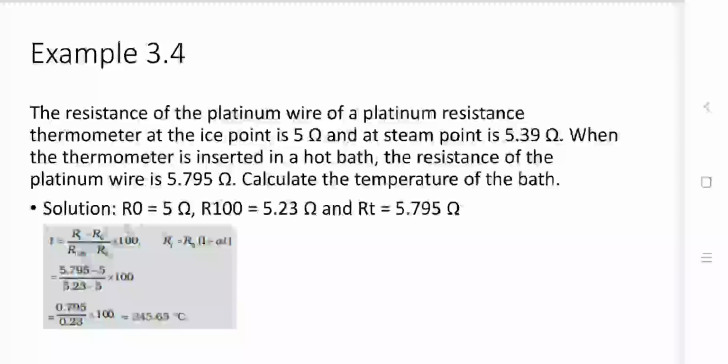So that is RT, which is 5.795, minus R0, which is 5, upon 5.23 minus 5, into 100. That ratio gives us 345.65 degrees Celsius. This is the temperature of the hot bath. At that temperature the resistance of 5.795 ohm is available.